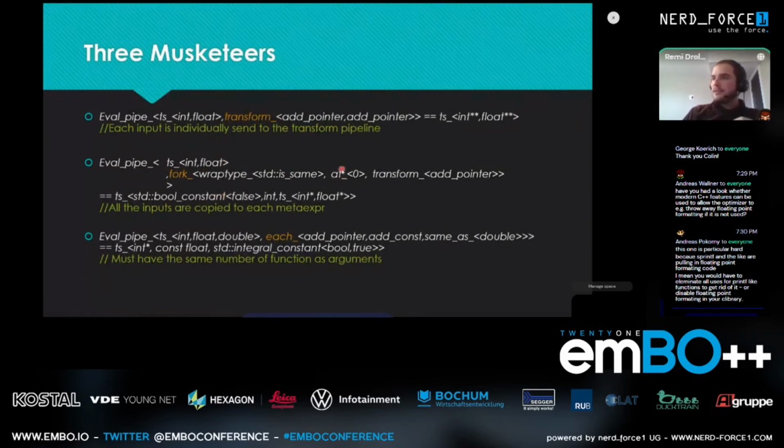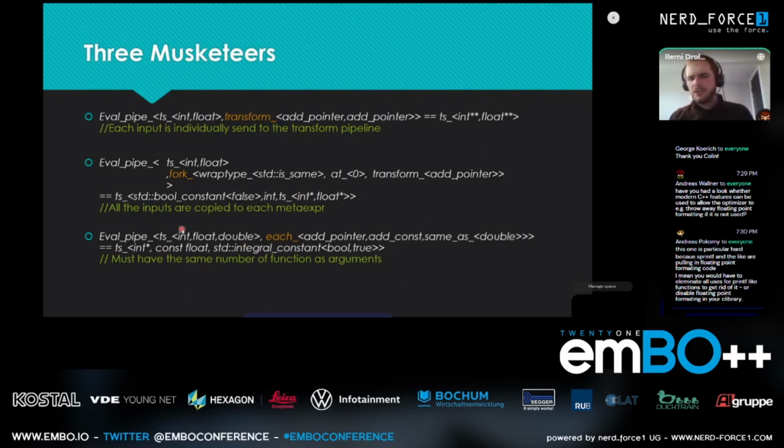At 0 will receive int and float. Look at what is the first. It will see that it's int, and then just output it. And transform add pointer will just take both and add a pointer to both of them, and then wrap it inside the TS. So the output is TS, bool constant false, int, TS, int pointer, float pointer.